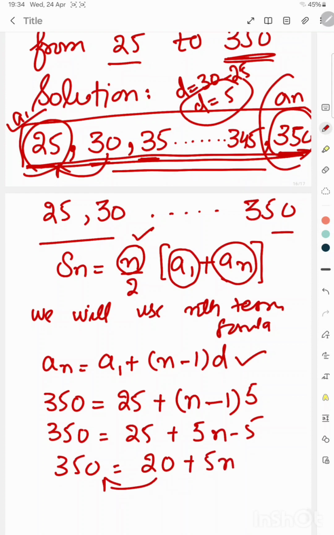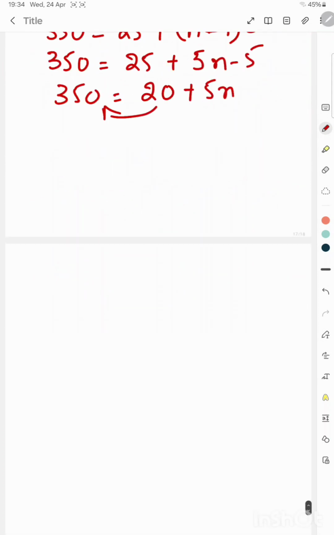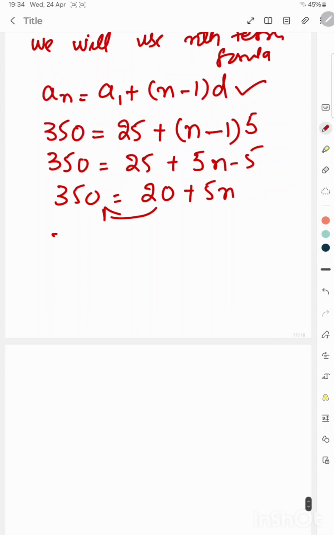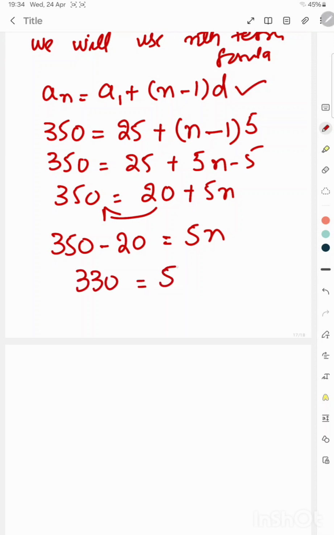You have to shift this 20 to the other side of the equation, and it will become 350 minus 20 is equal to 5n. Here what remains is 330, and here 5n.